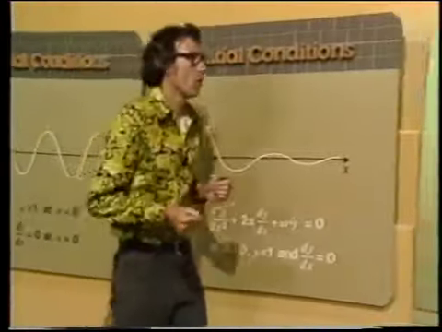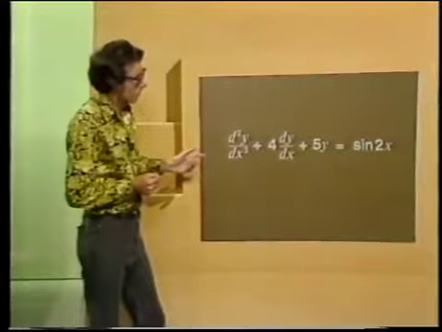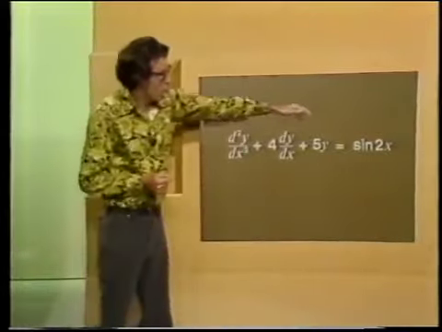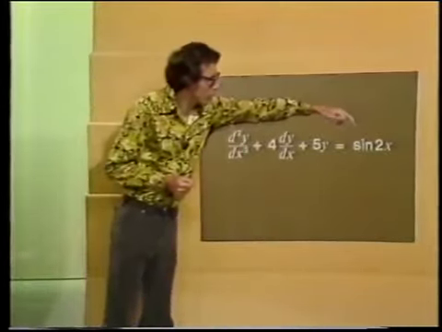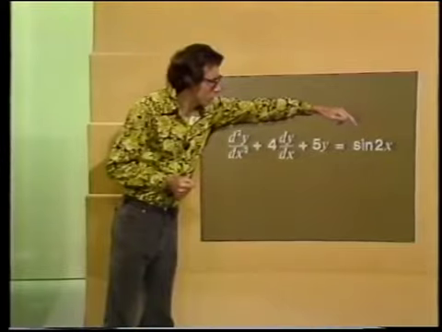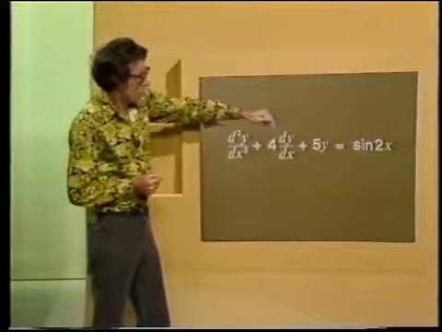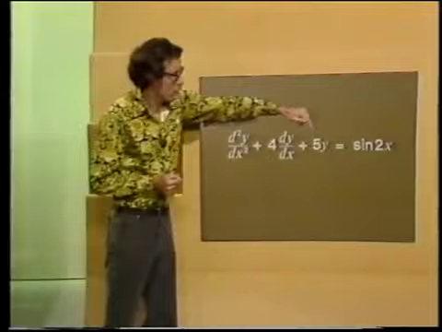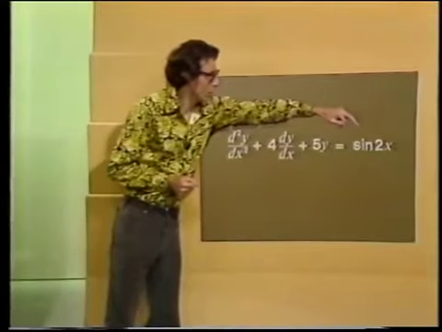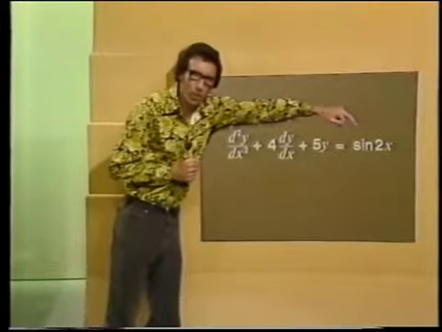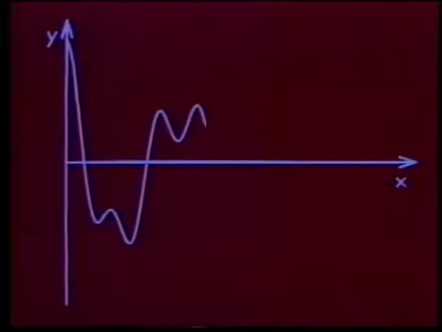But let's move on to an inhomogeneous equation. Now I've got a term on the right-hand side of the equation, a sine term. I'm going to stick with this particular equation with these particular coefficients and that particular right-hand side. And let's look at a solution of this equation. It looks a bit complicated.